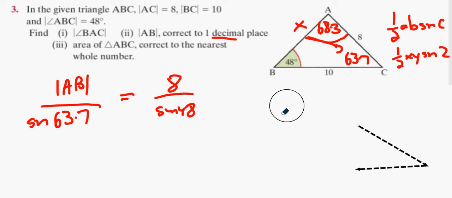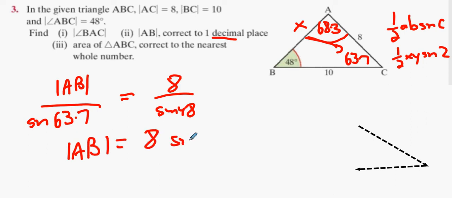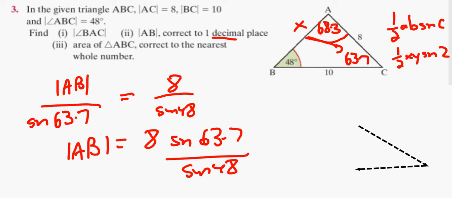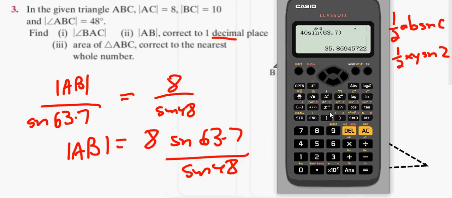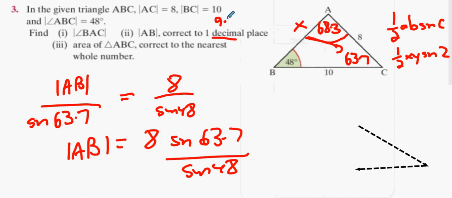To get AB on its own, we transfer the sine 63.7 upwards, divided by sine 48. So 8 sine 63.7 all over sine 48, and 9.65 or 9.7. We already got the area earlier.